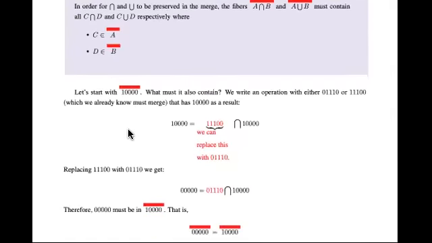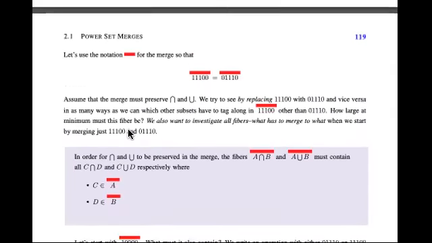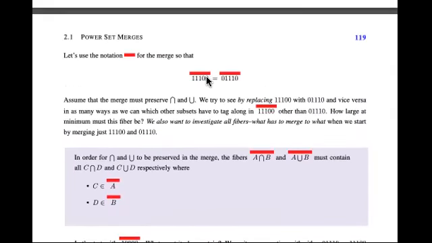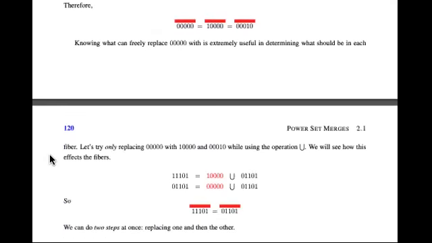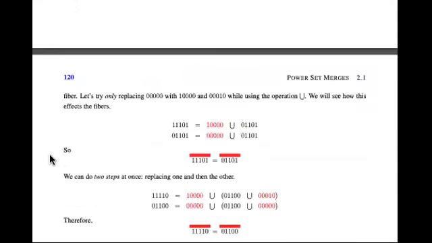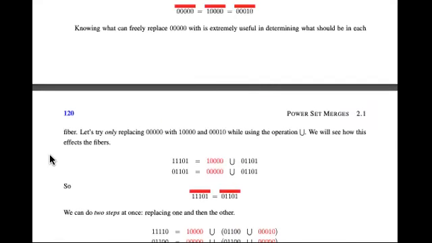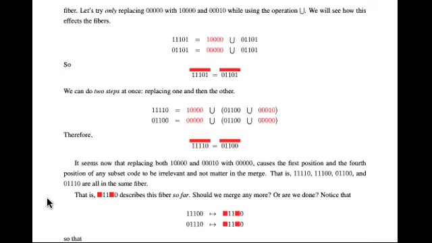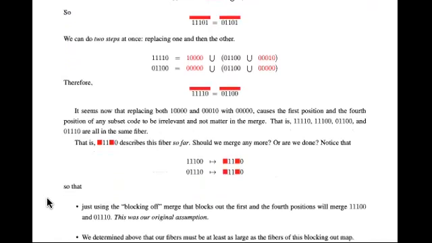And we showed, just minimally, assuming that it preserved unions and intersections, with a few examples of observations, that no matter what we did, we were always ignoring those.